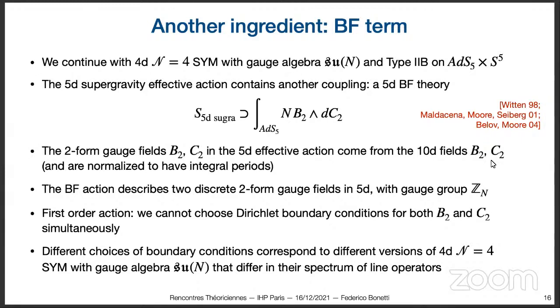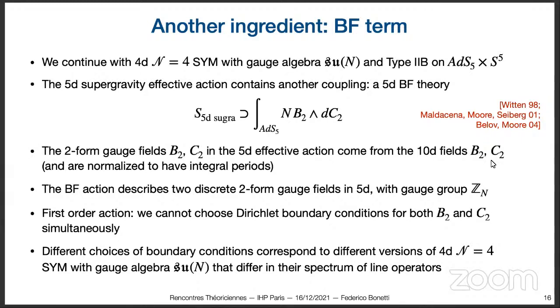This topological action, which is first order, is ubiquitous, and it usually goes under the name of BF theory. While it is written in terms of continuous fields, B2 and C2, what it's actually describing in 5 dimensions is a discrete gauge theory.